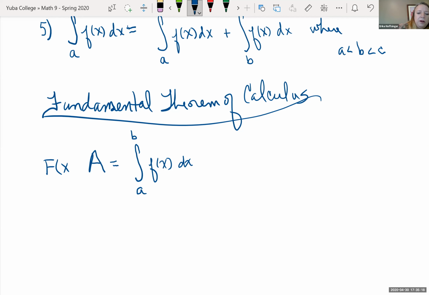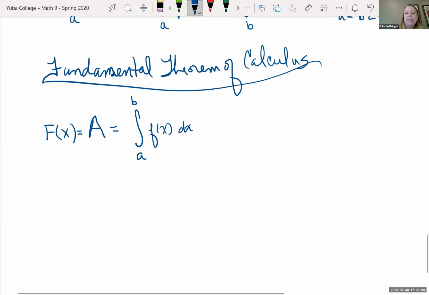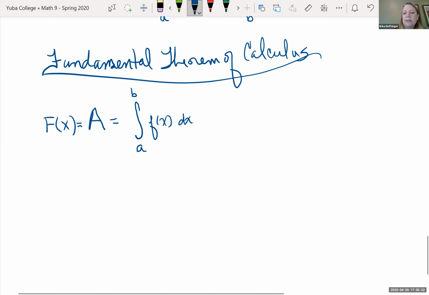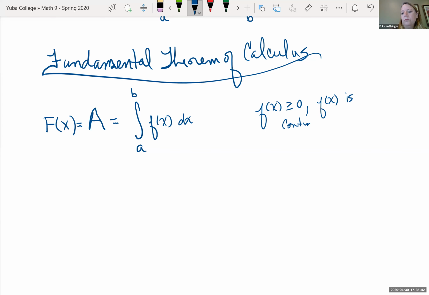So remember our antiderivative, we denoted with a capital letter of whatever our integrand was. And so little f of x, we would denote it with capital F of x. We have to say that f of x is greater than or equal to 0. We have to say that f of x is continuous on a, b.